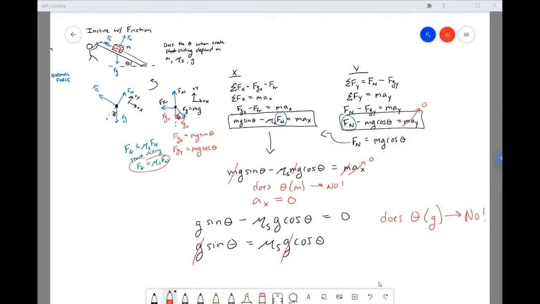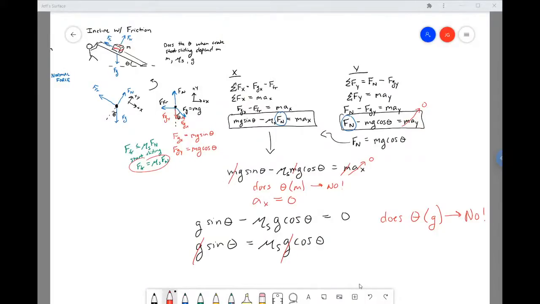The answer we get is not a function of which planet you're on. The maximum angle of incline for a given ramp before it starts to slide would be the same on the Earth as it is on the Moon. Then let's divide both sides by cosine theta.